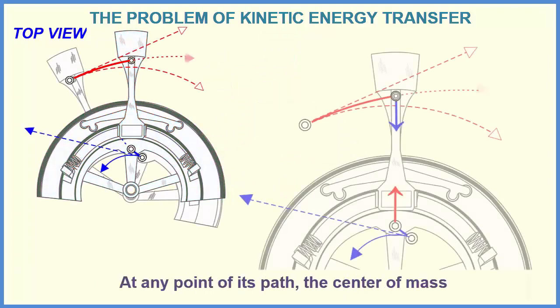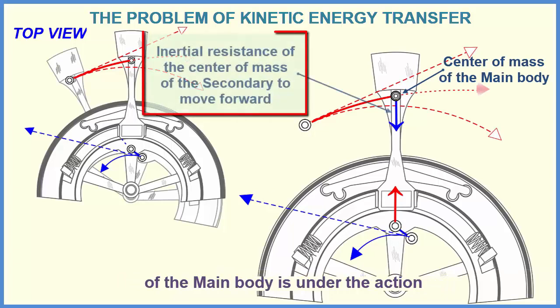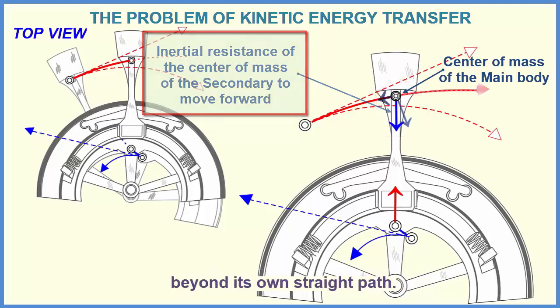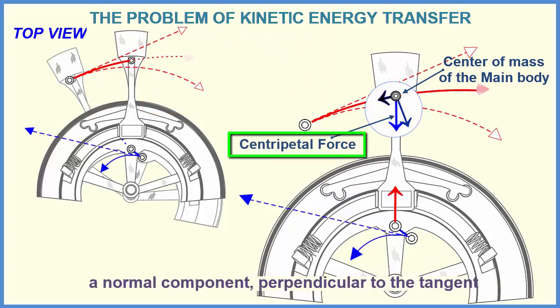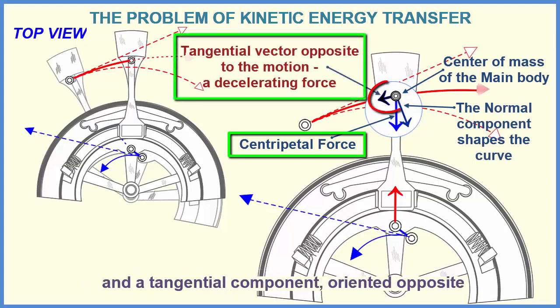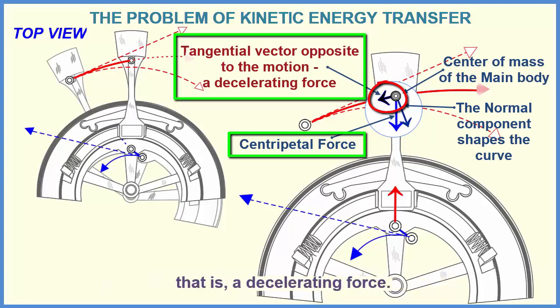It remains to be explained how the main body transfers kinetic energy to the secondary body while pulling it forward. At any point of its path, the center of mass of the main body is under the action of a backward centripetal force, which is the inertial resistance of the secondary body to move forward beyond its own straight path. The centripetal force decomposes into two components, a normal component perpendicular to the tangent to the curved path at that point considered, and a tangential component oriented opposite to the direction of the motion of the main body, that is, a decelerating force.